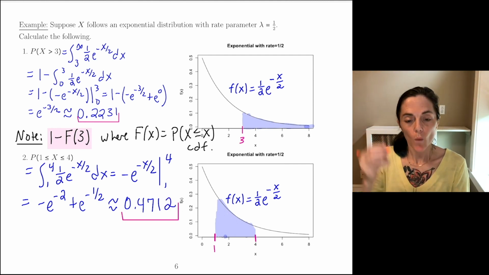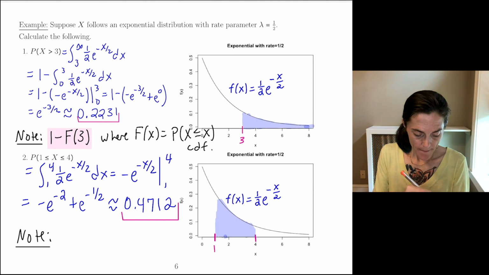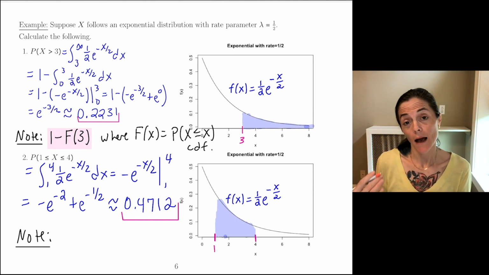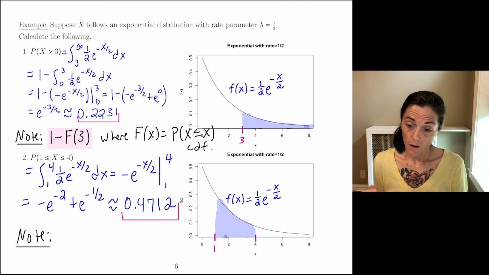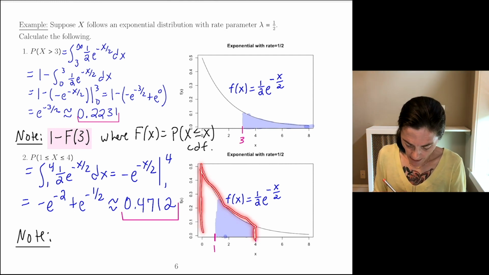As I did in number 1, let me make my important note, and then we're going to look at R for a few moments. How else could we calculate this? In particular, how could we calculate it using the cumulative distribution function? Well, we could take here the probability that x is less than or equal to 4.